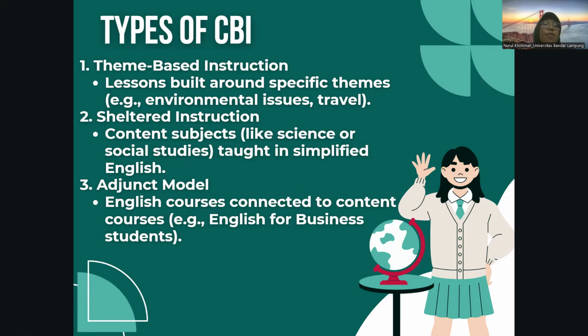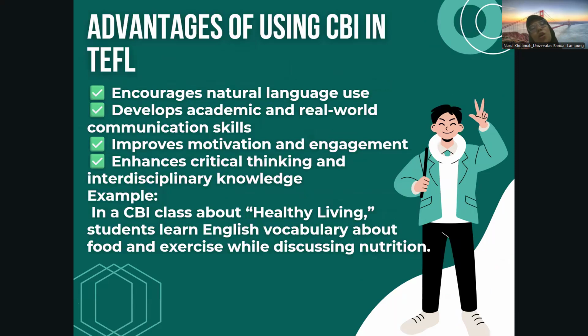The third is the adjunct model. The English course is connected to the content course. For example, in immersion programs in schools, they have principles for these contents.